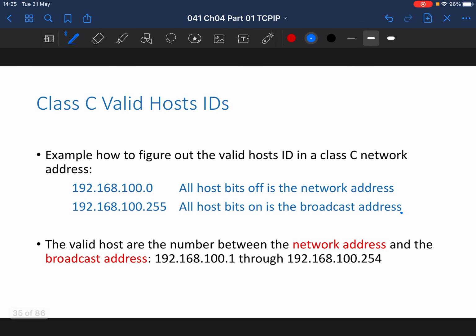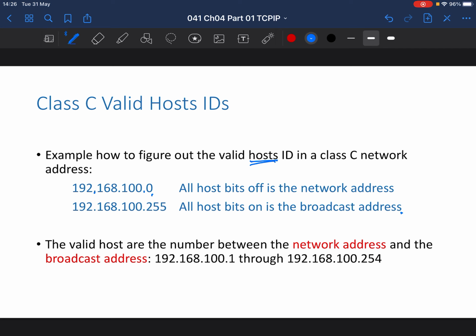So Class C valid host IDs. For example, how to figure out the valid host IDs in a Class C network address. 192.168.100.0 is all host bits off, the network address, and 192.168.100.255, all host bits on, is the broadcast address.